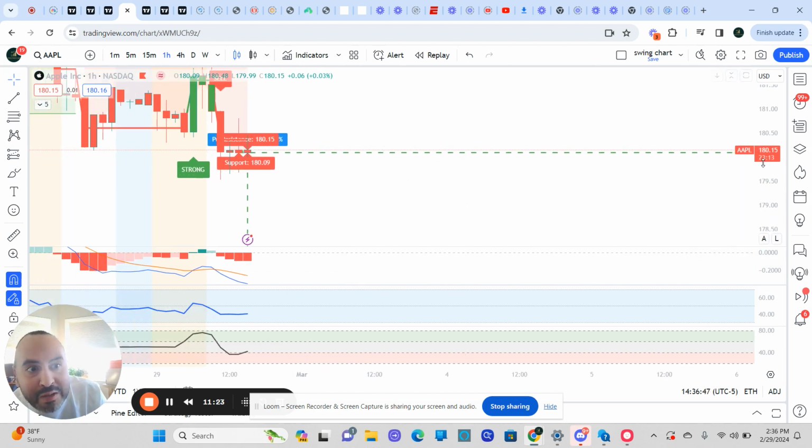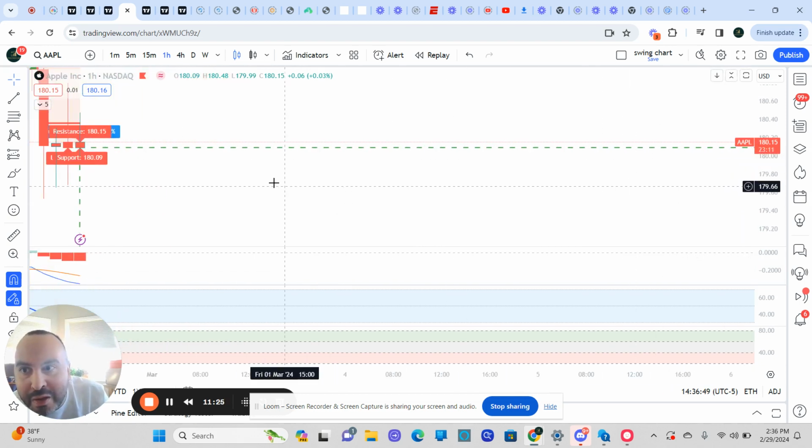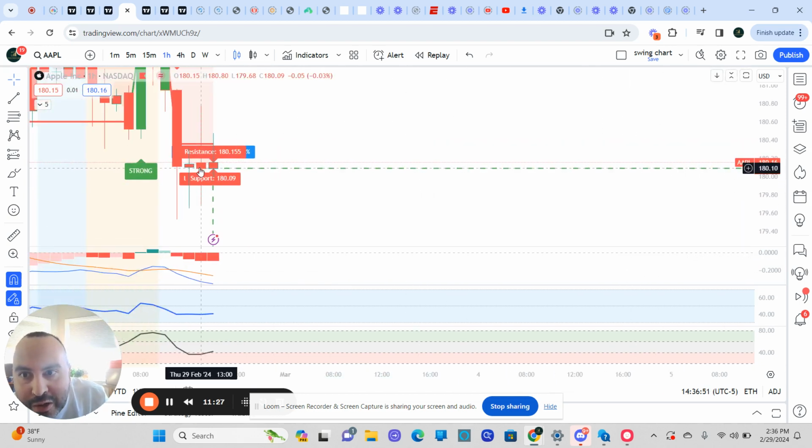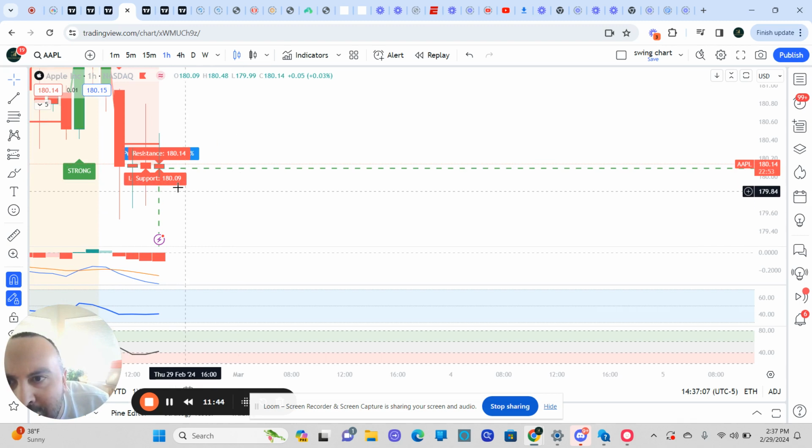Now, why did we exit that trade? I'll show you exactly why. So we did have this candle close under. It was this last candle close under 180. Yeah, I guess it did not close under 180.